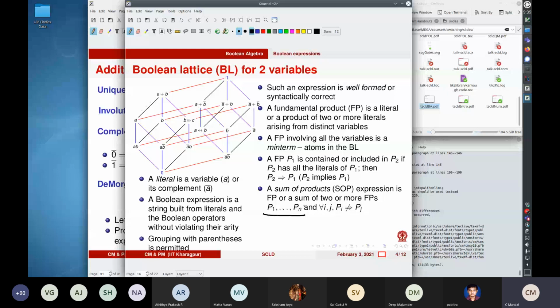This is how you can relate these Boolean lattices to the sum of product expressions that you have been dealing with. As you can see, all of these are SOP expressions. These are shorthands, of course.